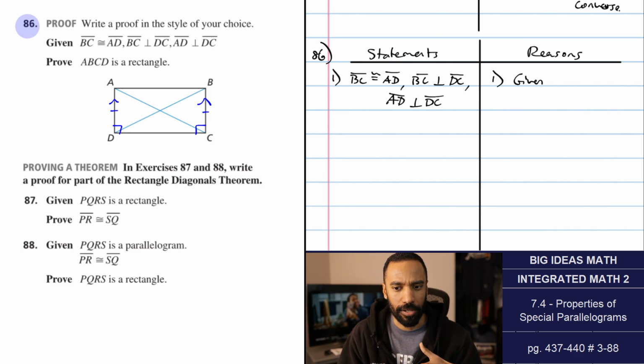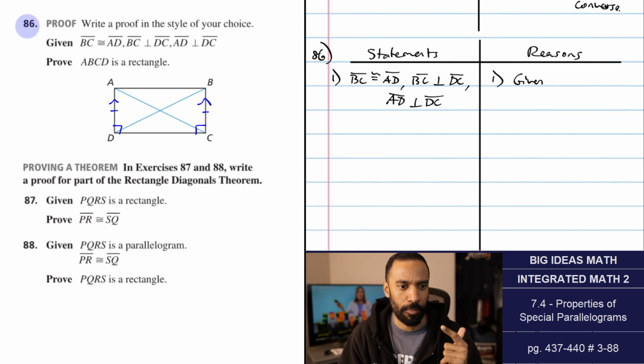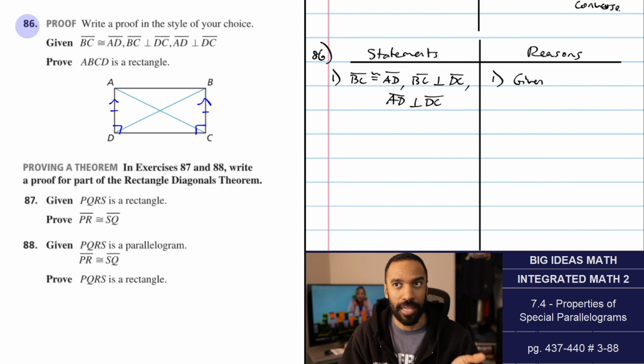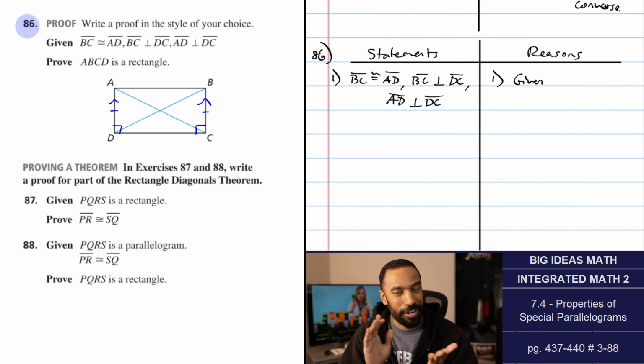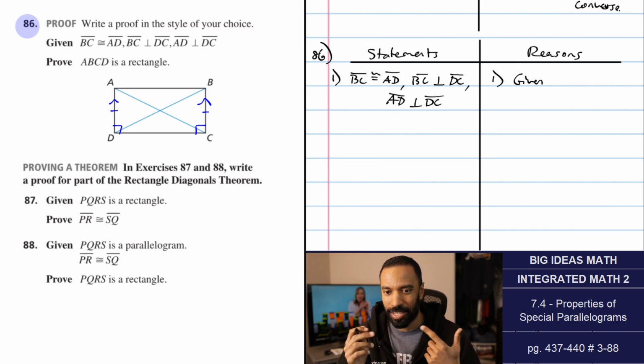If we prove it's a parallelogram, I think we can work off some things with that. Based off parallelogram, we can use the opposite sides parallel and congruent thing. You know what I mean? I don't know if I can use that theorem there. Or, well, that's why it's a parallelogram. But then after that, I have a right angle, therefore. Can I just say that? I think I have to do the opposite angles congruent, that kind of stuff.